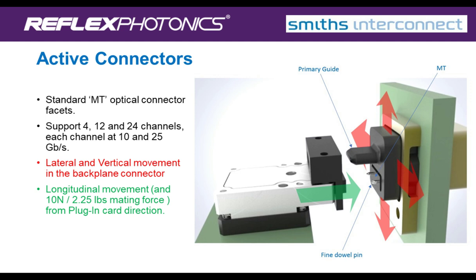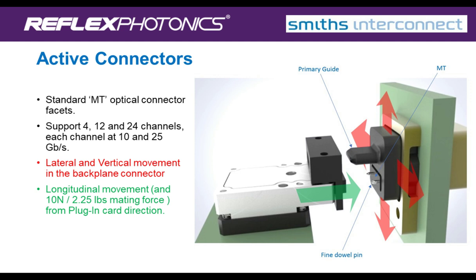The active connector, the backplane connector, is just a quick 3D diagram of how it would go together. You have the floating head on the right side. It can move in vertical or in X and in Y. And in green, the plug-in card is pushed at the MT, the optical interface, with a certain pressure to make sure they make good contact.